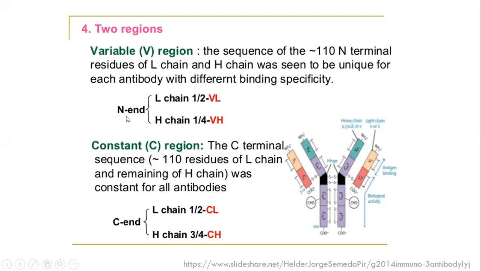For example, in the light chain, the variable region constitutes half of the polypeptide. They constitute 2 units only: one half is variable, the other half is constant. When you take the heavy chain, only 1/4 is variable region, and the other 3/4 constitutes the constant region. They were just talking about the proportionality here.